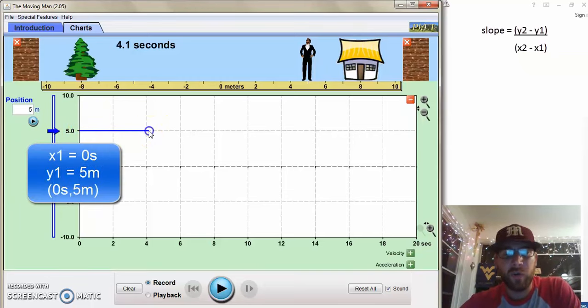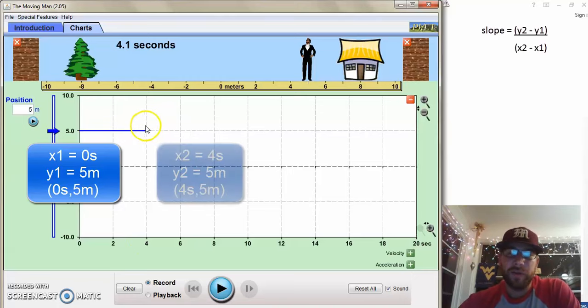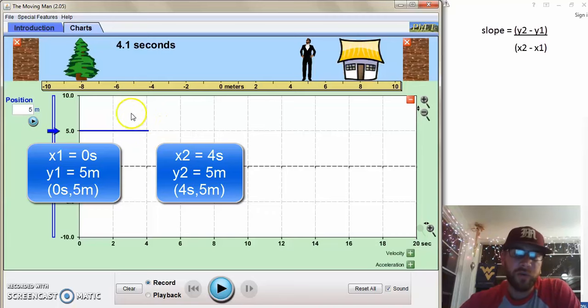For our second coordinate over here at the end of the line, what do you think the coordinates are going to be? The coordinates will be 4 seconds, since the x value is 4 here, 5 meters, since he's at a position of 5 meters at 4 seconds. So when we're solving this equation, all we're going to do is we're going to take our 2 coordinates and plug them into the equation.